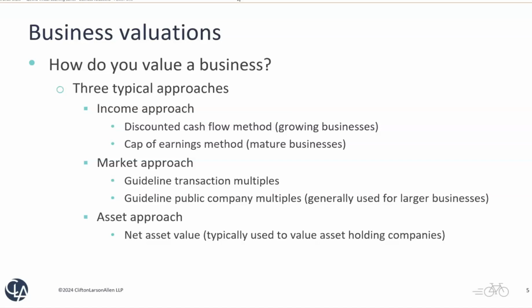So whether it's price to earnings, enterprise value to EBITDA, enterprise value to EBIT, or enterprise value to revenue, you look at all those multiples of those publicly traded companies and then apply that to the same financial metric of your company to get an idea of what your business is worth. And I look at the market approach a lot like if you're selling your house, right?